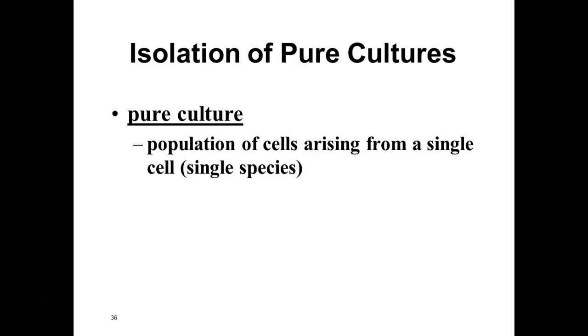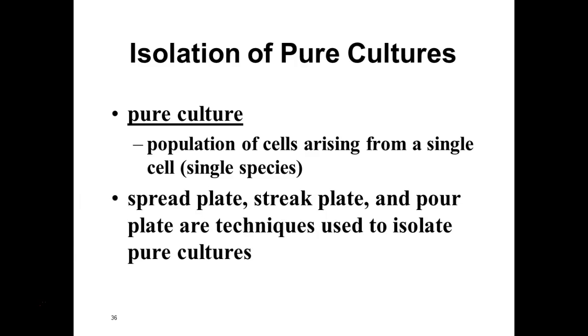A lot of times you'll get a sample and it's not pure, so you're going to need to make it pure. Streak plate, pour plate, or spread plate techniques will help you isolate the organisms from each other, to generate what we call a pure culture or a pure colony. A colony is a growth on solid media, typically a plate.